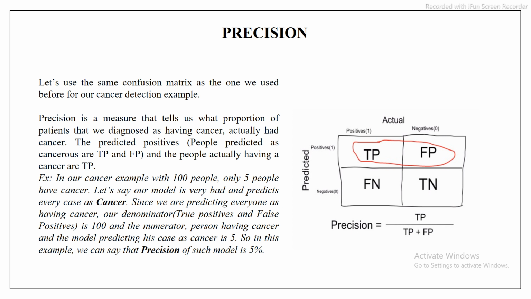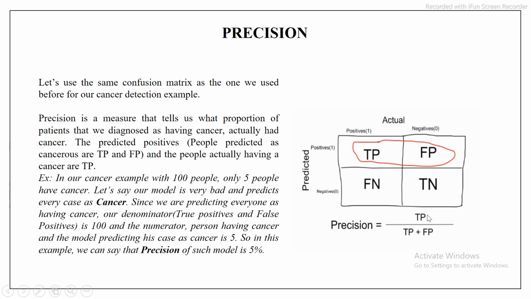So in this case we can say that the precision of such a model is 5. Out of 100, this precision tells how precise your model is. The true positive is good, because if someone has COVID, the model is predicting COVID. But if a person doesn't have COVID and your model predicts COVID, that is a false positive.